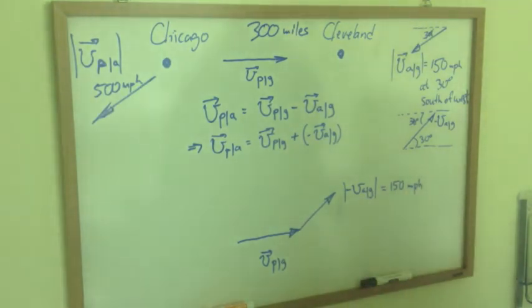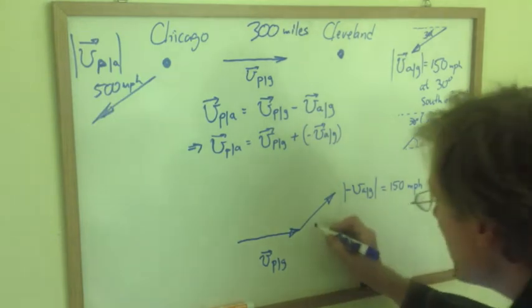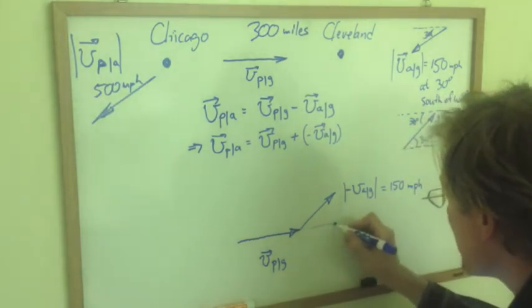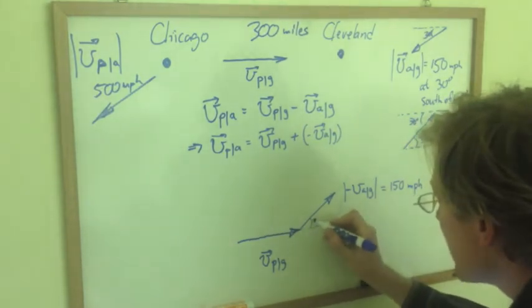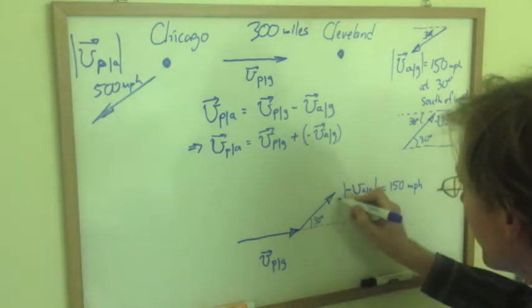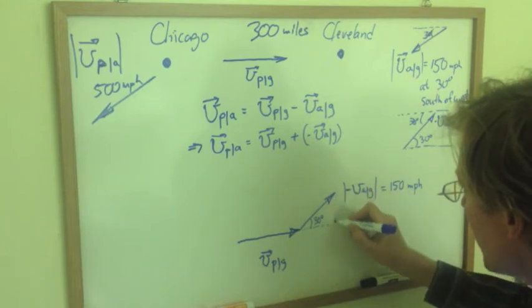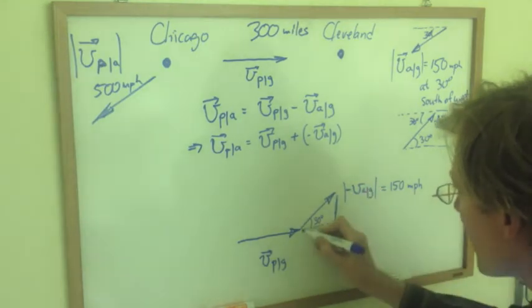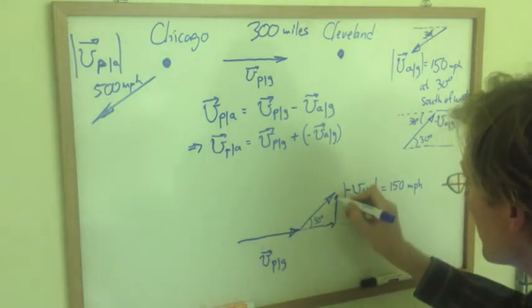These are velocity vectors. And we know that it travels upwards at an angle of 30 degrees. So we know what its components are. It has two components.